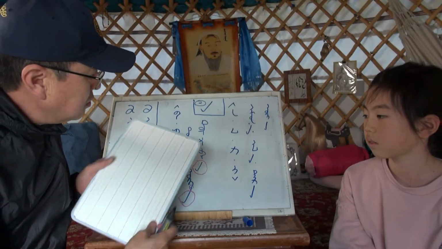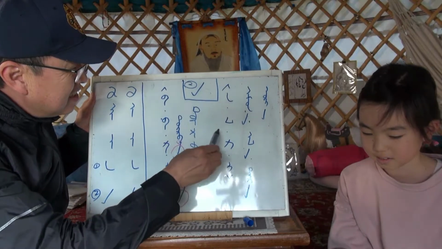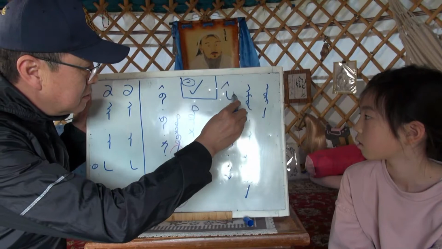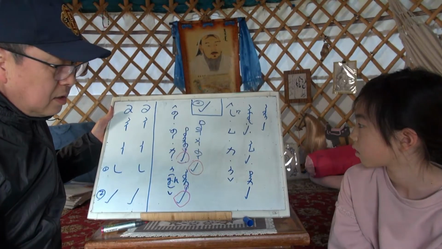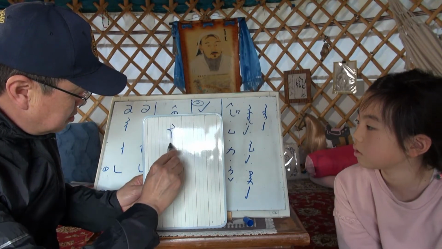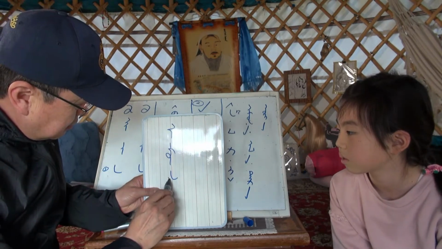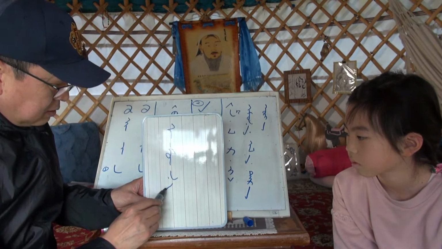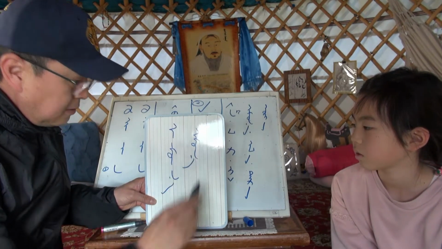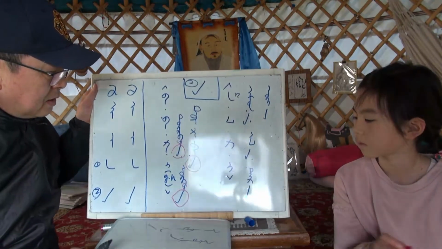For example, this is n. When you write after n, you should write like this: you add this dot and then connect it together. All the rest of them are the same.